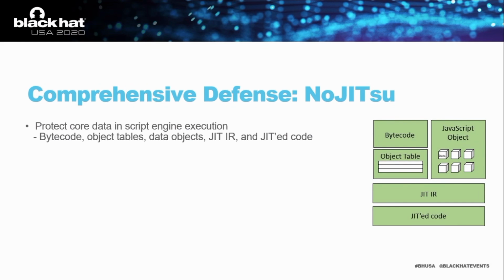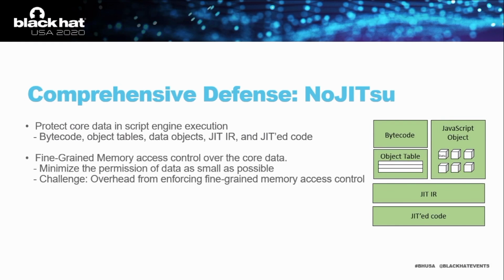So we consider bytecode object tables, JavaScript objects, JIT-IR, and JIT code. In order to do this, we enforce fine-grained memory access control over all those data, which means we try to minimize the permission of each data as small as possible. However, of course, memory permission control inevitably comes with significant overhead.